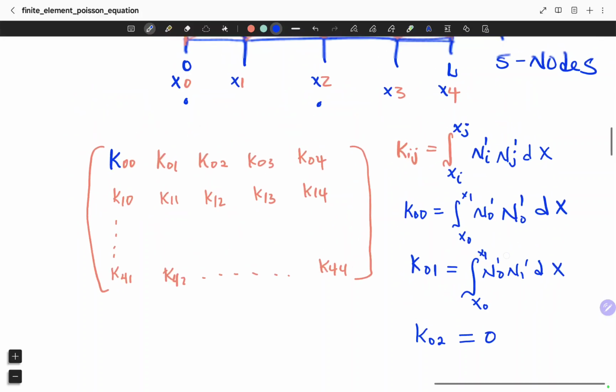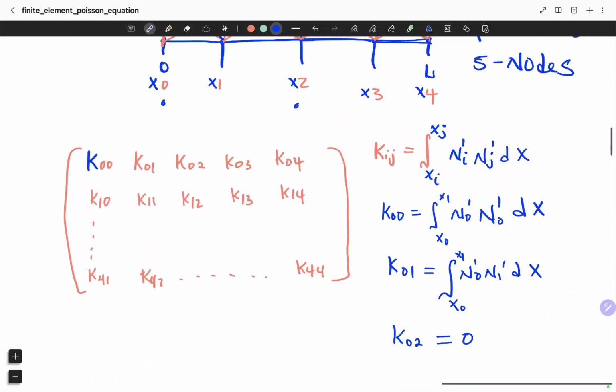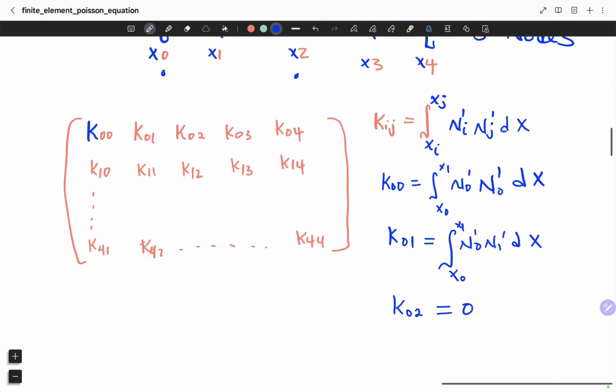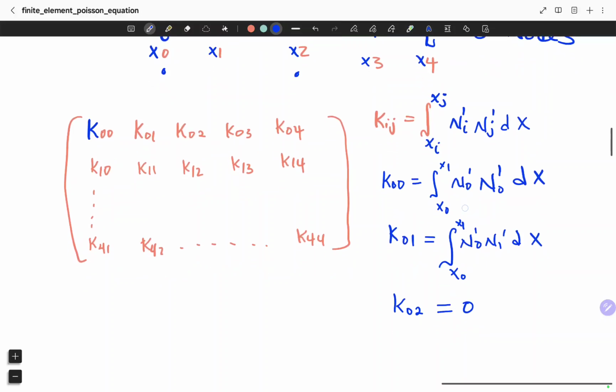It's not possible. And so between any two elements, you can only have two at a time.